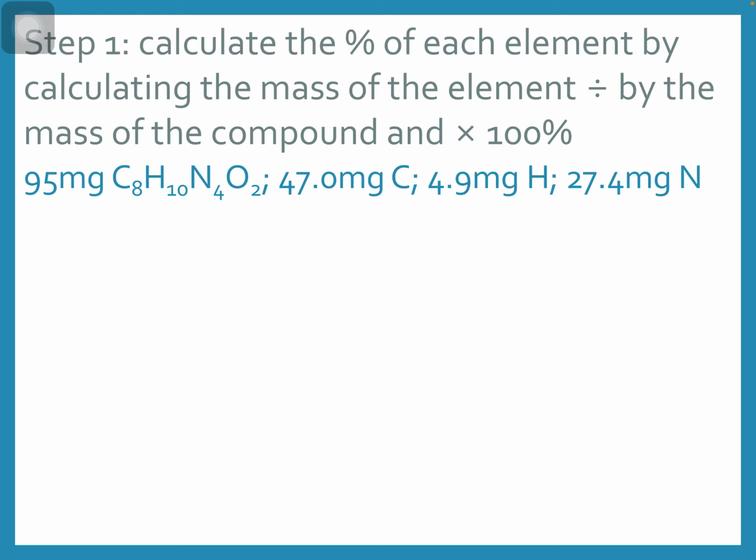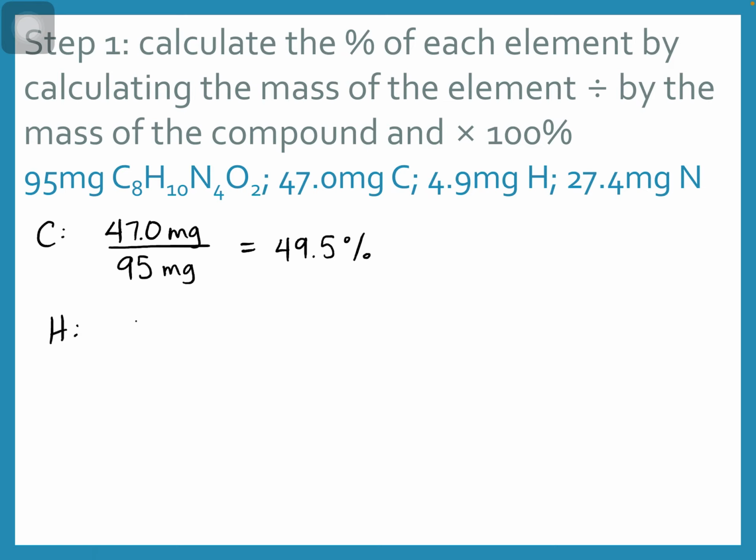So there is the information that we were given. For carbon, we have 47.0 milligrams out of the total of 95 milligrams comes from carbon. When we calculate that, that tells us that carbon is 49.5% of the mass of caffeine.